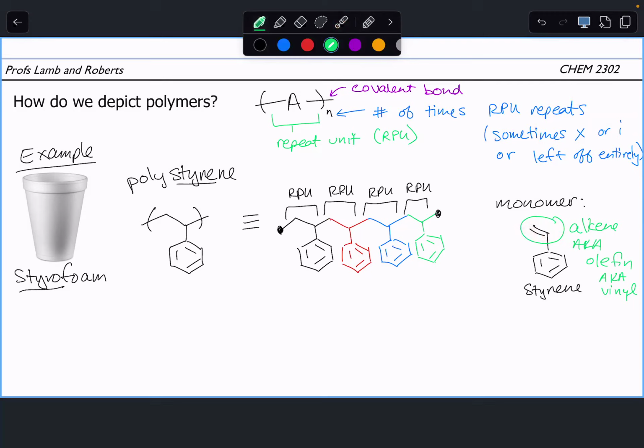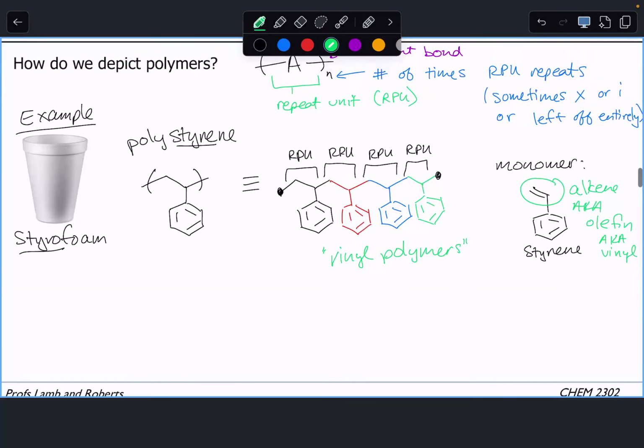And so these polymers are often called vinyl polymers, because it means that we reacted a vinyl group, that terminal alkene group. So that's one major type of polymer, where you have an alkene in your monomer, and then you polymerize it so that you have basically the same repeat unit, just without that alkene.